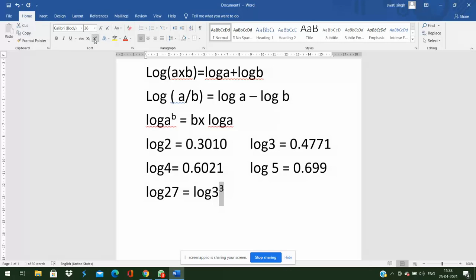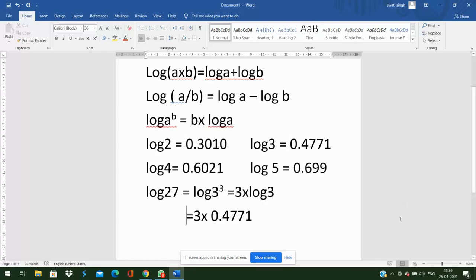It will be very easy if you know its value. We know that log a to the power b is b into log a. So it will be written as 3 into log 3. Now we should know only the value of log 3, which is 0.4771. This much only you should know. If we know this value, then we can easily find its answer.